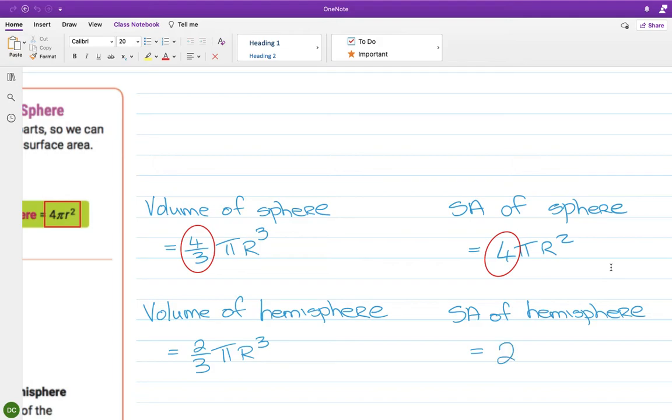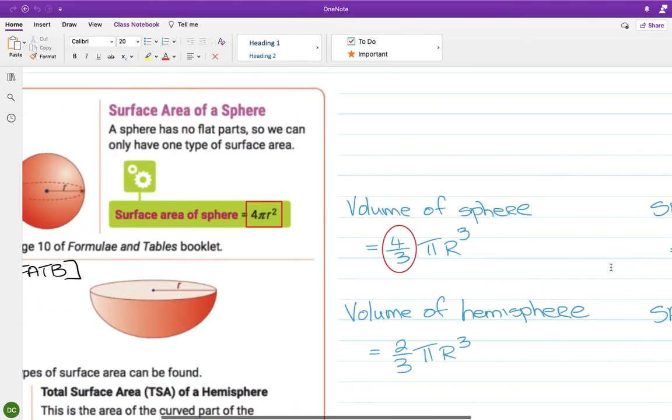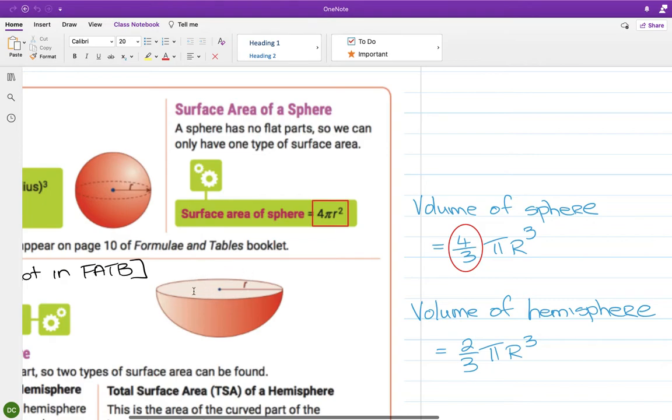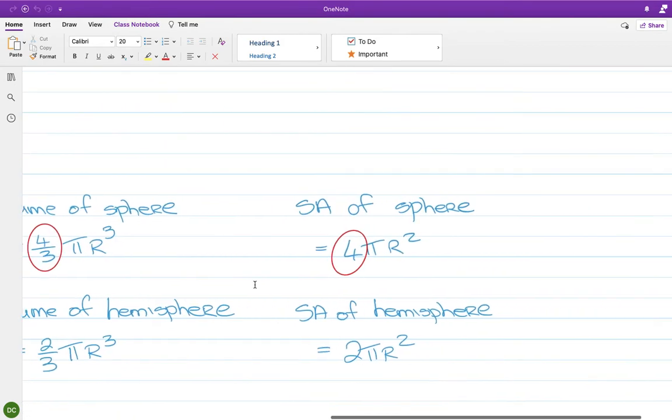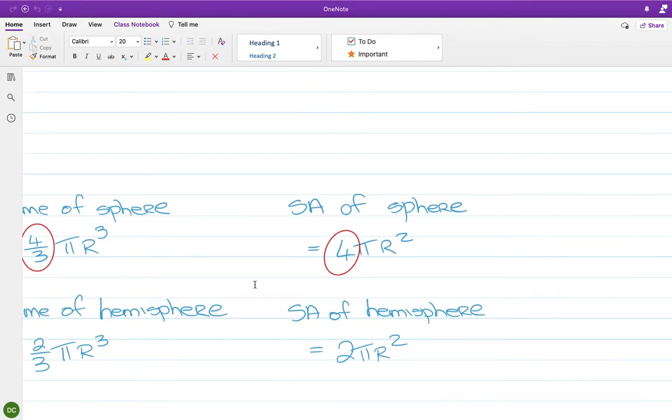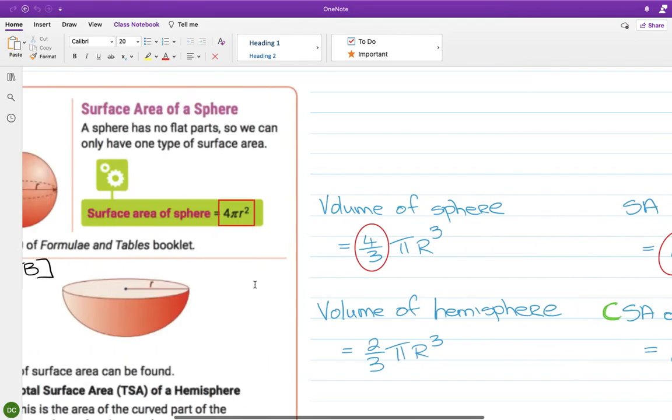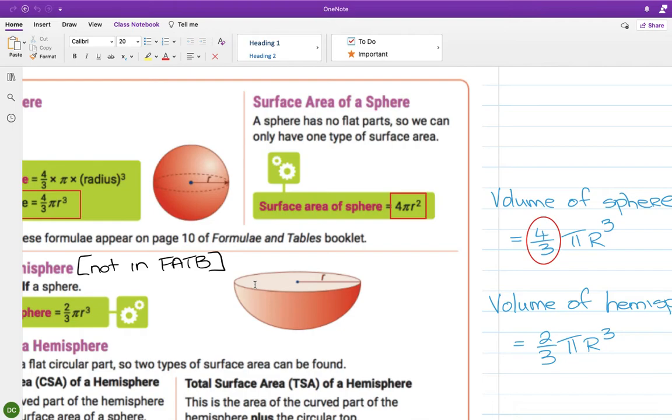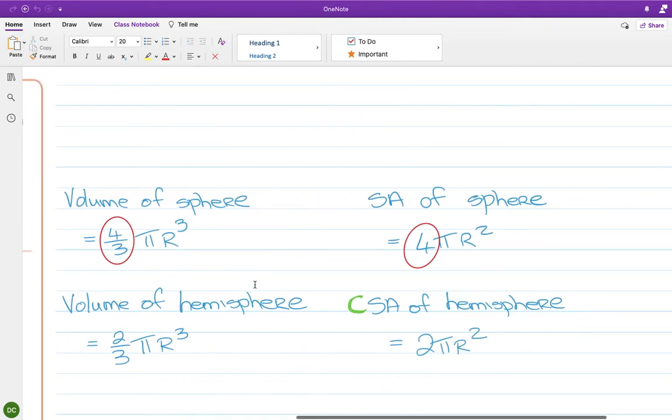But when you cut a sphere in half, if you look at the picture over here, you create more surface. You reveal this flat part. So now you do have the same discrepancy that we had with the cylinder. So that 2 pi r squared is only the curved part. It's only this part down here.